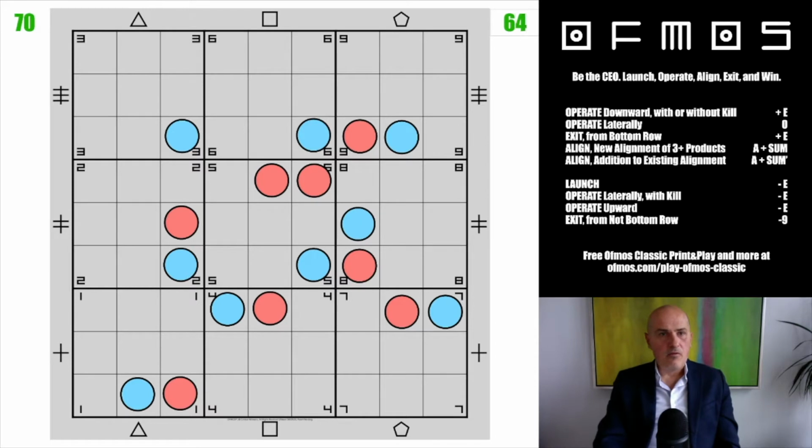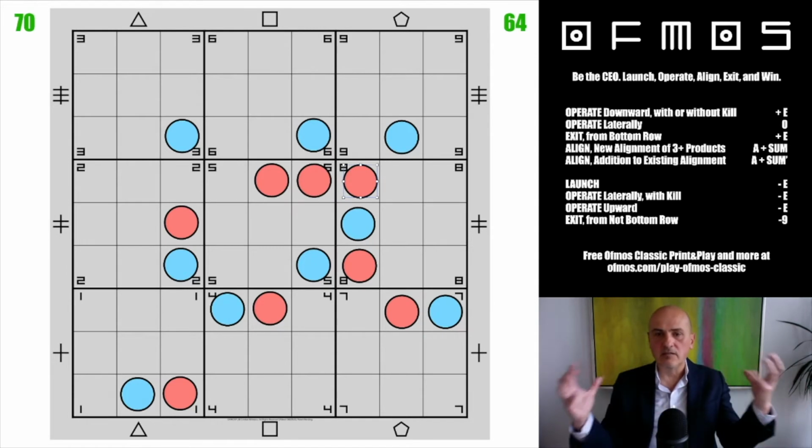And now we're going to have the first alignment, or synergy, of the game. So red in the 9 box, or the 3-notch pentagon, operates the business of that product. The product commoditizes, but now it brings it basically in alignment with the other two.